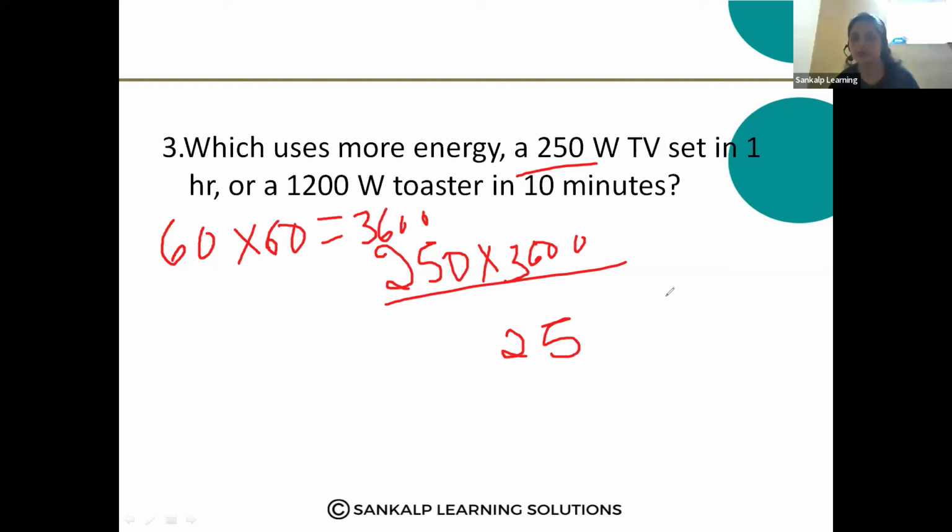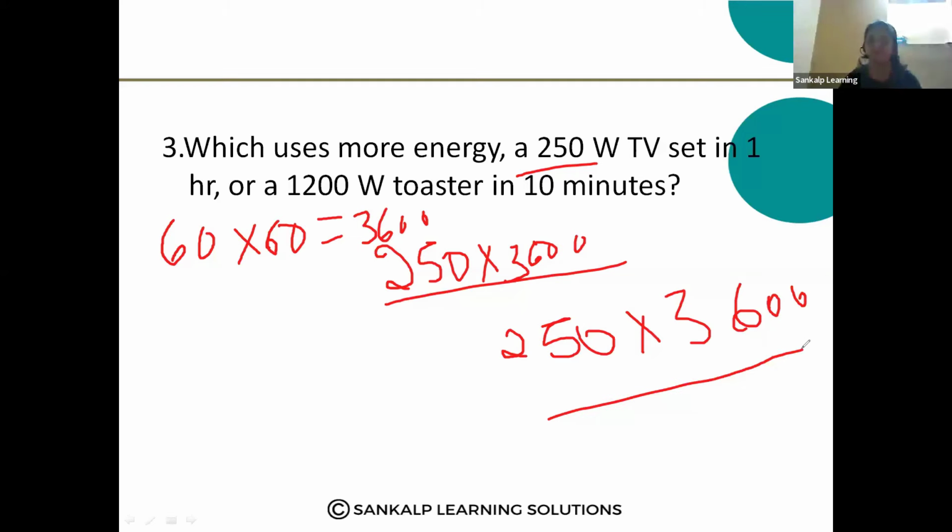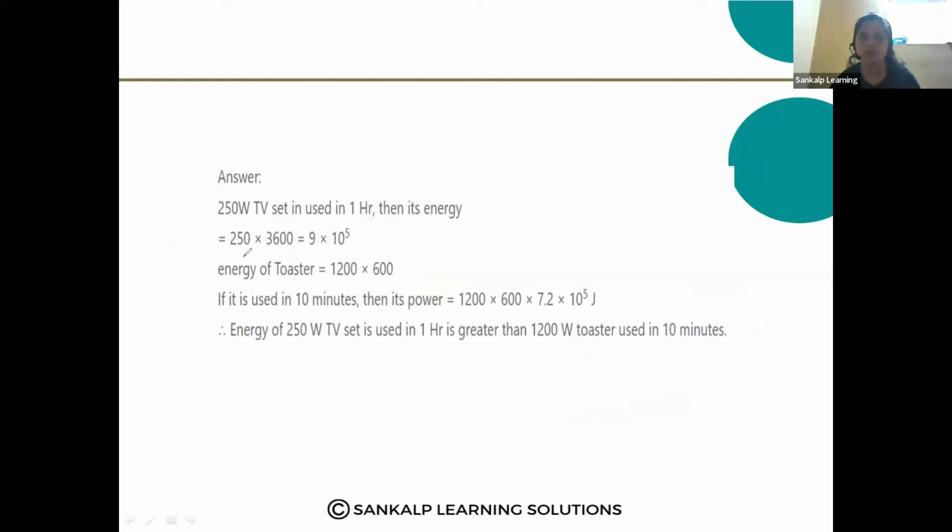250 into 3600. Can you calculate this and tell? Here, see, 250 into 3600. That answer they have written as 9 into 10 raised to 5.